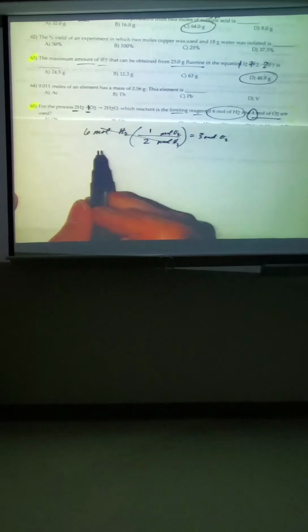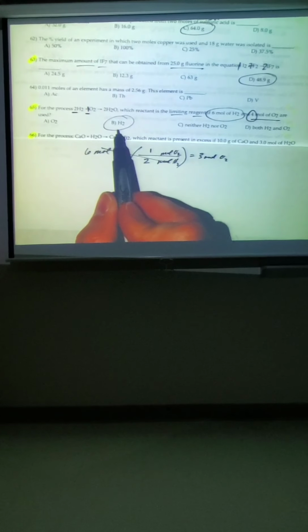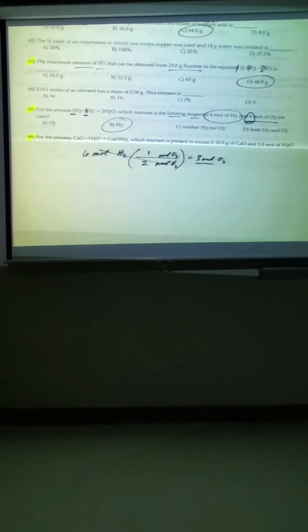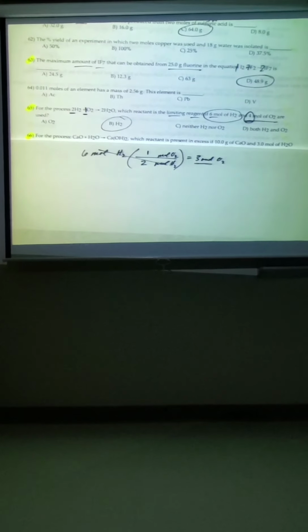So we need 3 moles of O2. We have 4. We have enough. So which one runs out first? Hydrogen, because when hydrogen's used up, it's going to use 3, but we have 4. So oxygen is the excess reactant. It could use up to 8 moles of hydrogen gas, but we only have 6, which is why it ran out first.